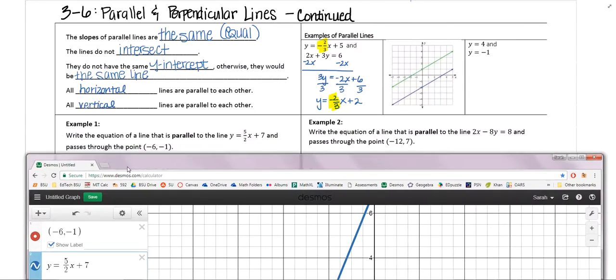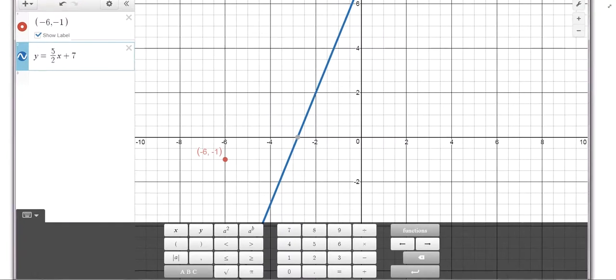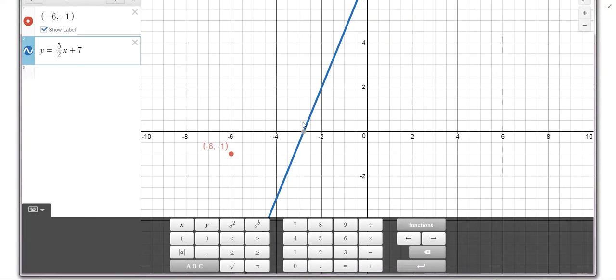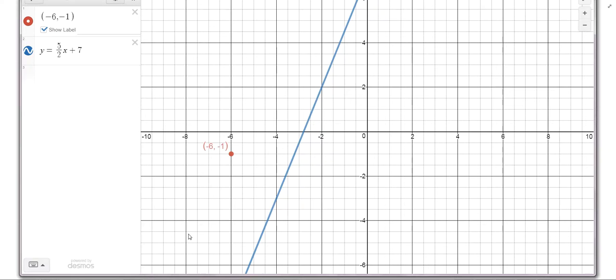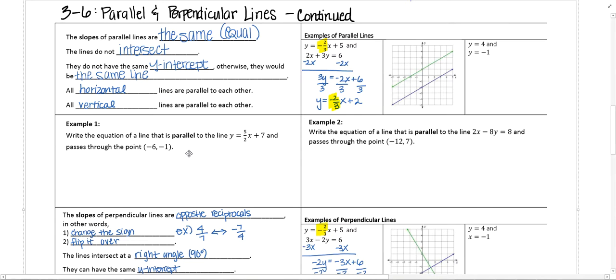And what we want to do is create a line, or find the equation of a line that is parallel to this. So from this blue line, all we need to know is the slope, because parallel lines have the same slope. So that tells me that I'm going to have a line that's going to be parallel, so something like that. Okay, so let's do it.